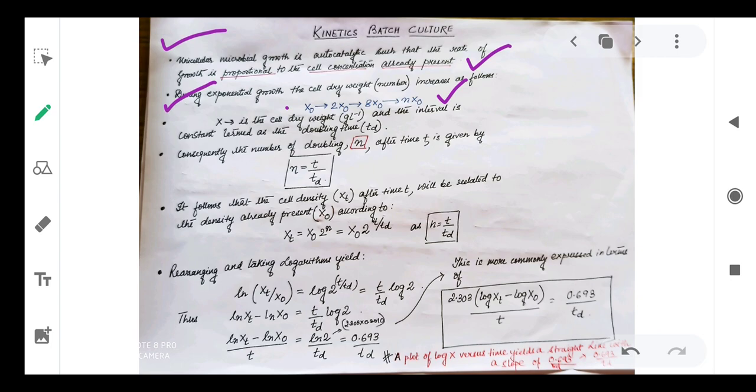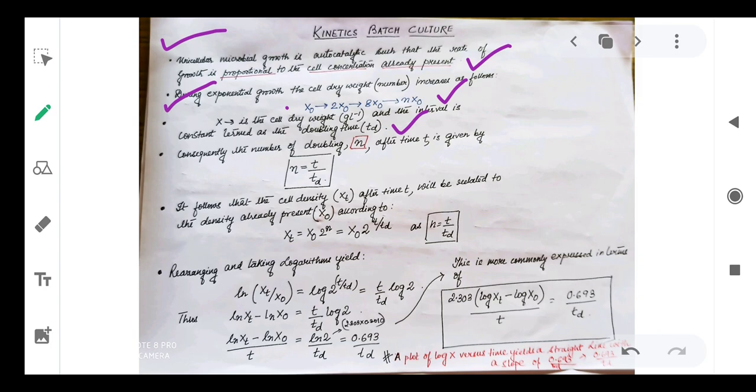So, nx0. Like this, it will continue its division, and n is the number of generations. Now, x is the cell dry weight, given in grams per liter, and the interval is constant, termed the doubling time. Why am I calling it doubling time?